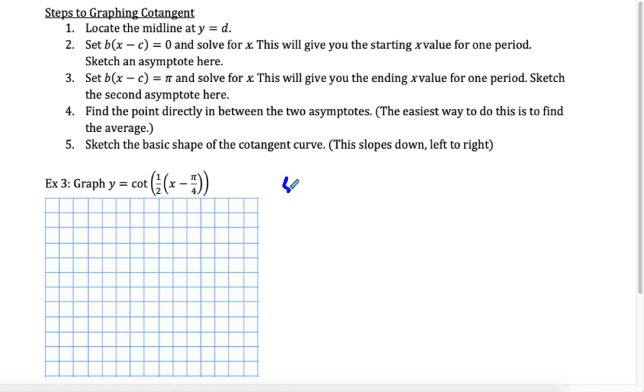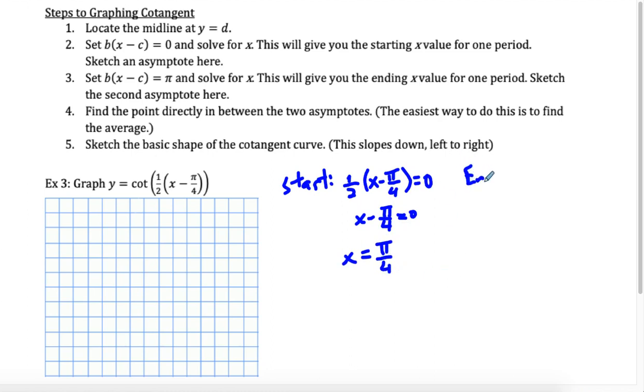So my starting point, I'm going to set 1/2 times x minus pi over 4 equal to 0, multiply by 2, and add the pi over 4 over. We'll get x equals pi over 4. Then my ending, I'm going to set this equal to pi.